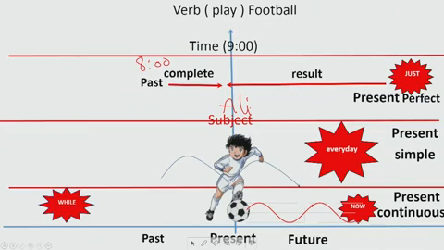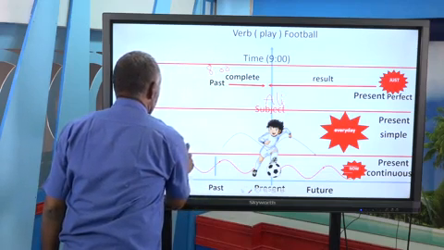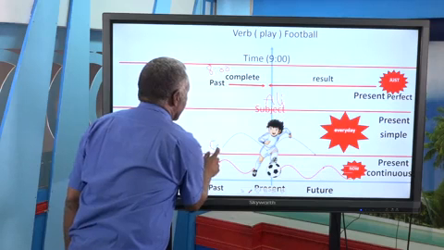But now if an action happened in past and there is no relation with present, let us begin with past continuous. In past continuous we have two verbs. Number one, Ali play football, and while playing, this here number one, there is another thing happen: his friend came.